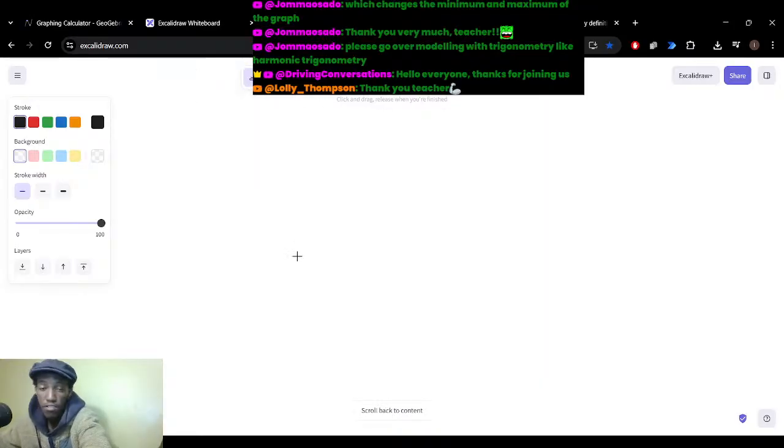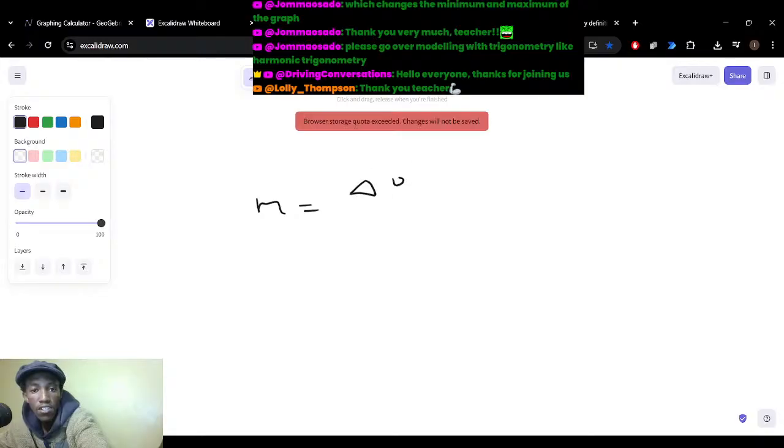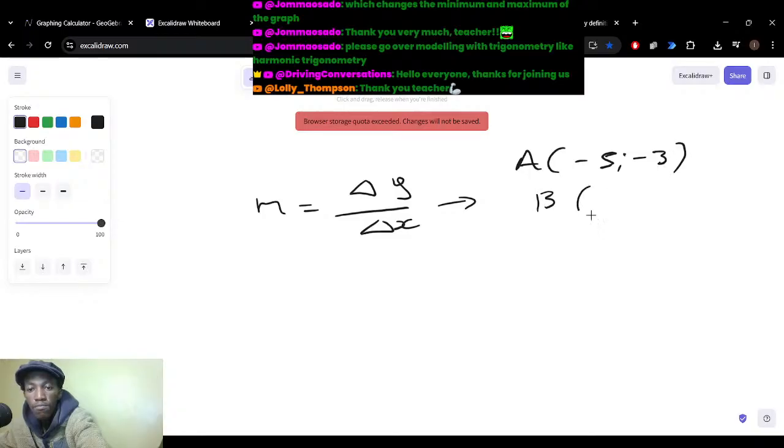Okay, something wrong happened. So gradient is change in height over change in x. We have point A as (-5, -3) and point B as (4, 12). So let's proceed and calculate the gradient of AB.